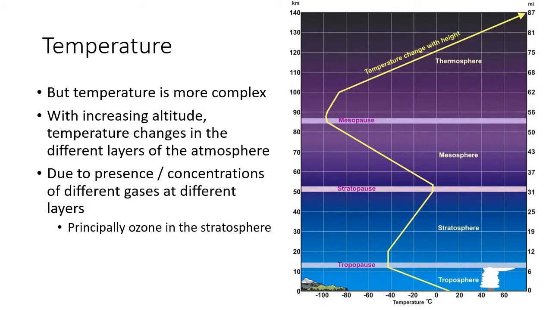However, temperature is a lot more complex, and it has to do with the different gases that are in the atmosphere and where those different layers are. So as you're in the troposphere, as you increase in elevation or altitude, the temperature is going to decrease. So think about going from sea level in the tropics up, maybe think about the Himalayan mountains, right?